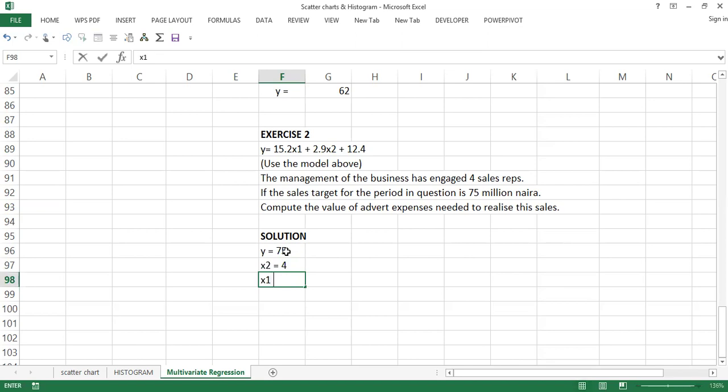Yes, sir. X1 is what we are looking for. So all we need to do is make X1 the subject of the formula. We already know that this is the model.